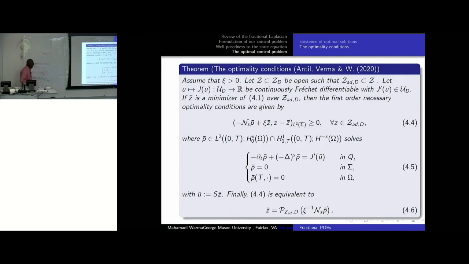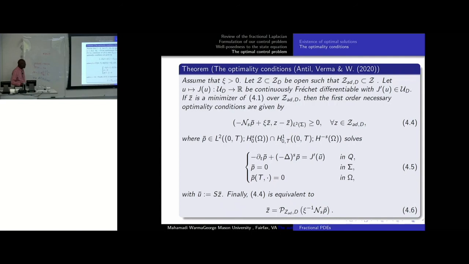Now we have the first order optimality condition: if we have a minimizer and we assume that G is Fréchet differentiable and the Fréchet derivative at Ū is in L2 of Q, then the minimizer satisfies this optimality condition. That is, the integral on Σ of minus the non-local normal derivative of P̄ plus ψZ̄, times Z minus Z̄, is non-negative.